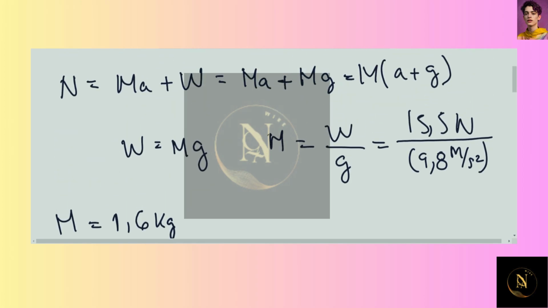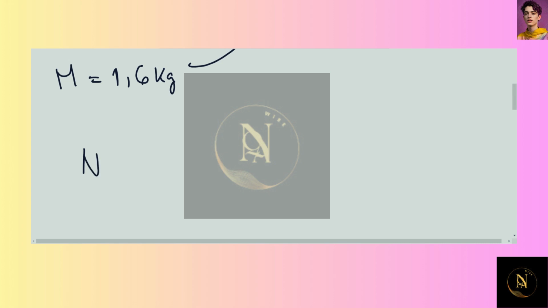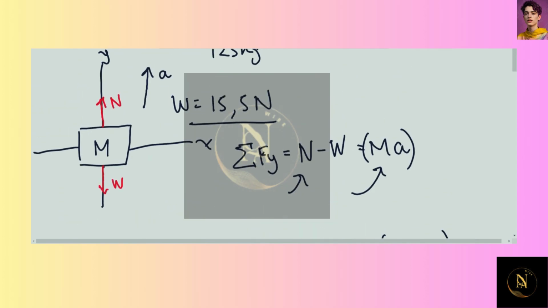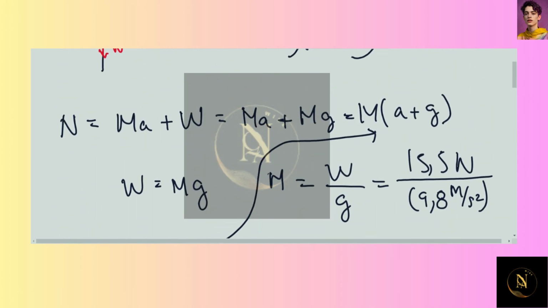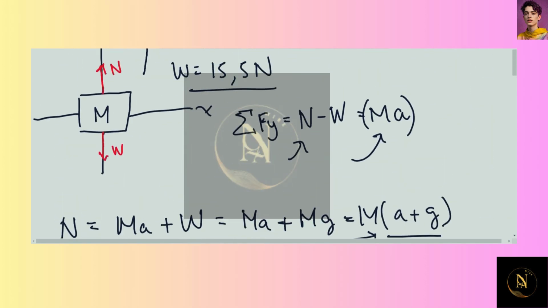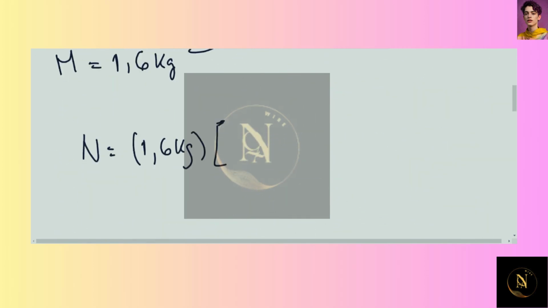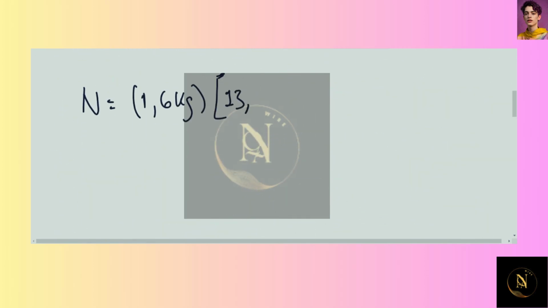And we now simply substitute this value in here with the value of the acceleration that we obtained in the first part. So we will have 1.6, which is the mass of the power supply, times the sum of the acceleration that we obtained in the first part, 30.76 meters per second squared, plus the acceleration due to gravity, which is 9.8 meters per second squared.